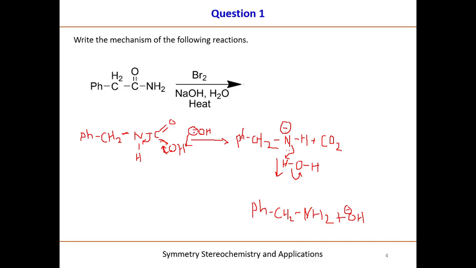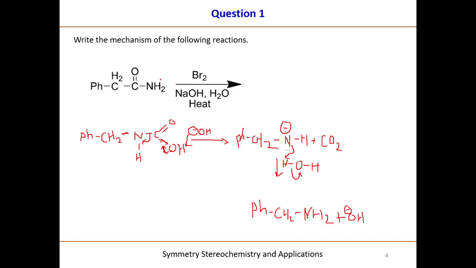So the deprotonation took place on the nitrogen atom, and then Br2 attack took place on the same nitrogen atom to get the intermediate which contains the NHBr. Then the second step was deprotonation followed by the migration of the alkyl group.